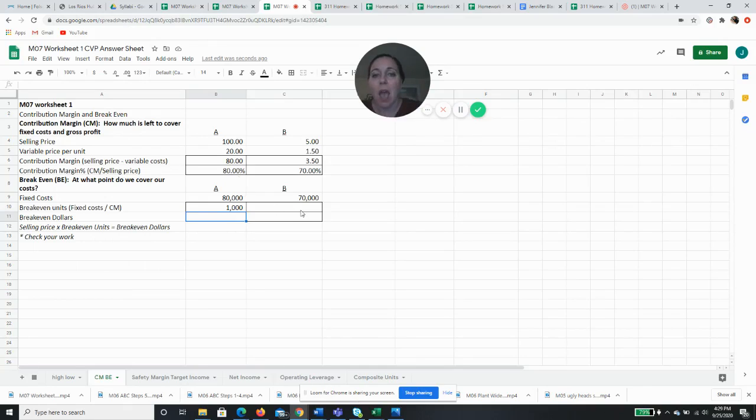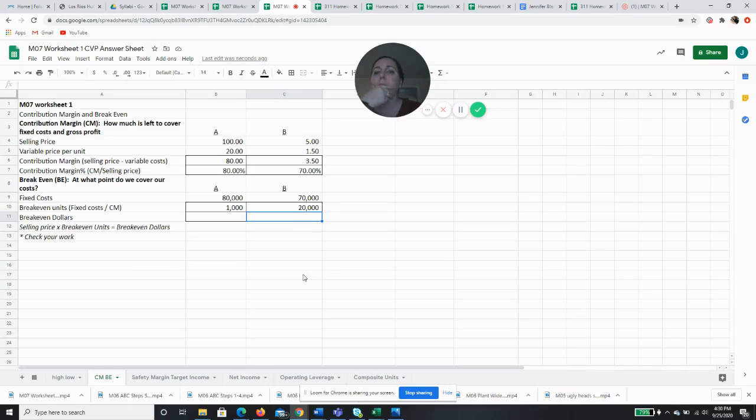Okay. Let's do the same thing for product B. So we'll take our fixed cost of $70,000 divided by our contribution margin of $3.50, and we get break-even units of 20,000. We have to sell, not make, sell 20,000 units to cover all of our fixed and variable costs. On unit 20,001, we start making profit.